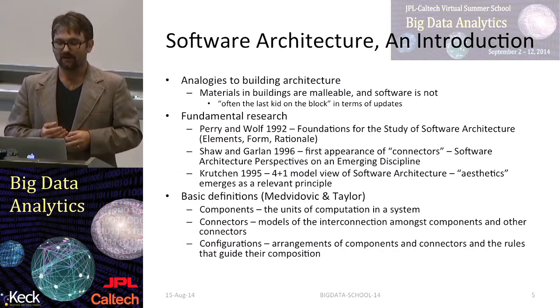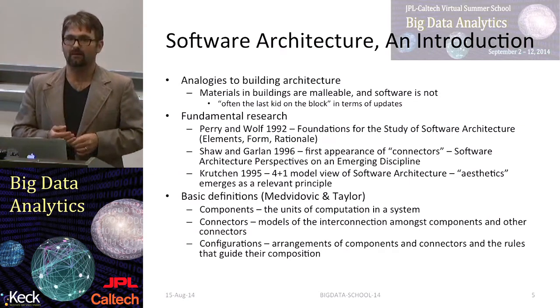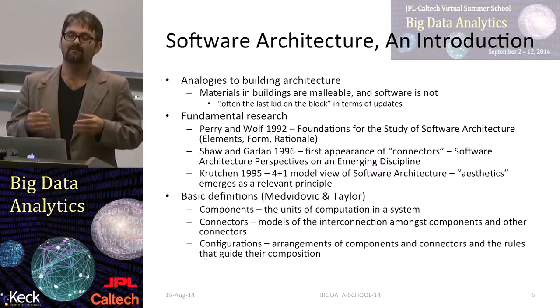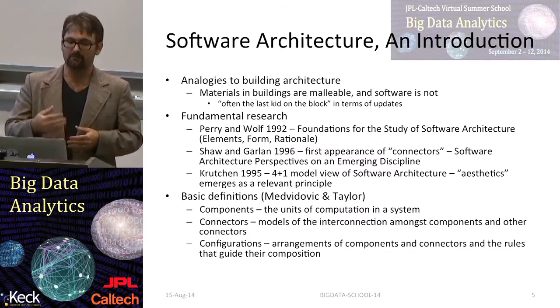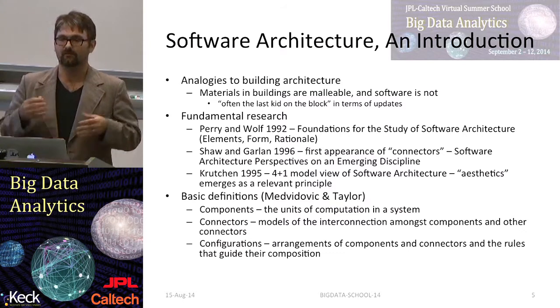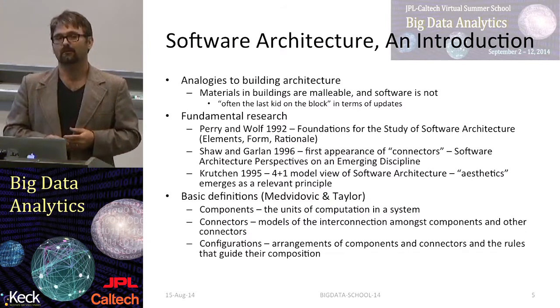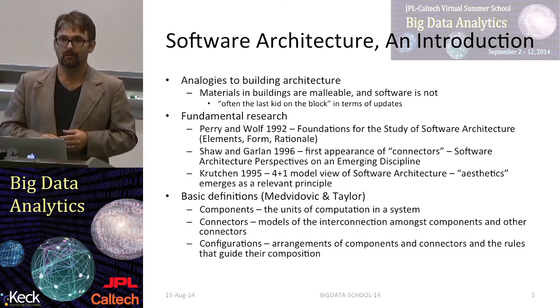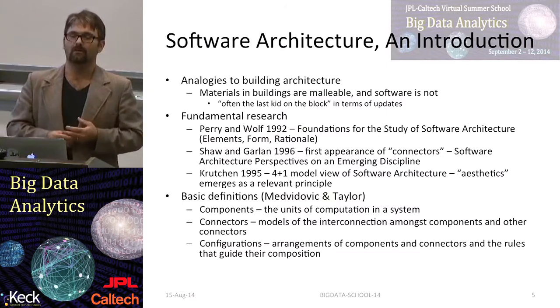The contribution of that book, in my opinion, is the first identification of something new. They build upon Perry and Wolf's definition of software architecture, form, elements, and rationale, except they decompose the elements into more than just components, more than just the units of computation in your system.